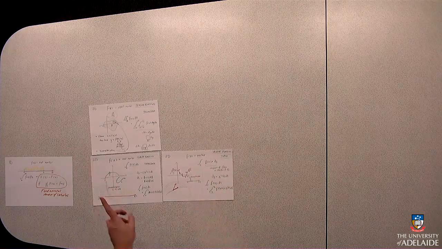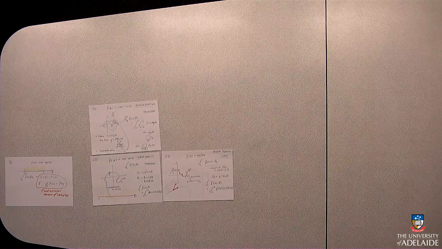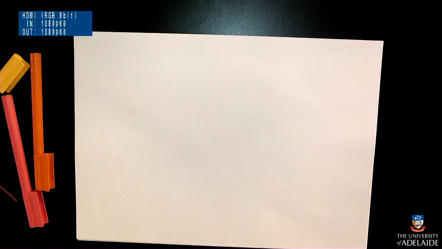And I'll get to that when I get to Green's theorem. So, yes. Or do I do it now? Let's do it now. So let's just maybe have a look at that 2D vector function thing.